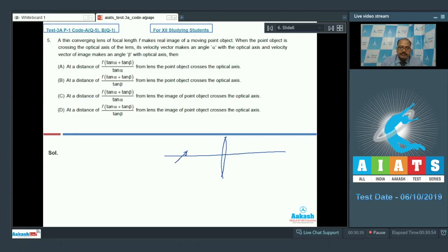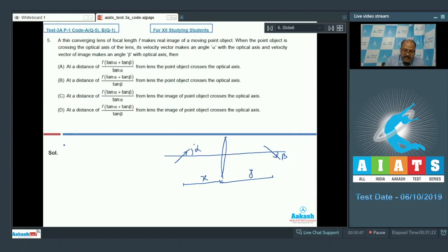This is the velocity of the object, and let's assume that this is the velocity of the image. As given in the question, this angle has been given as alpha and this angle has been given as beta. Let's assume this distance to be x and this distance to be y.